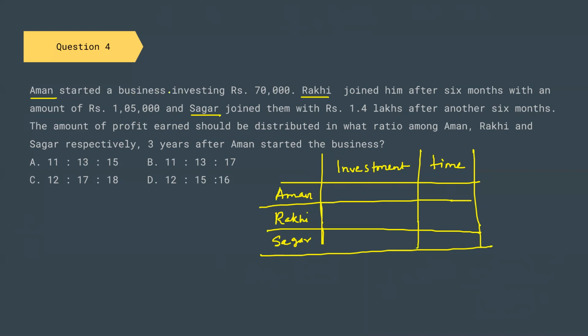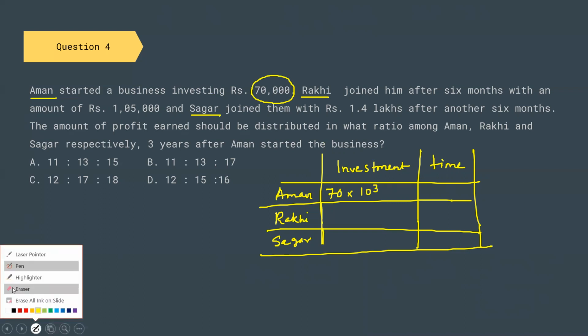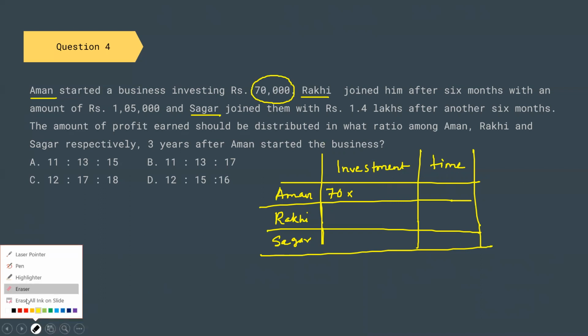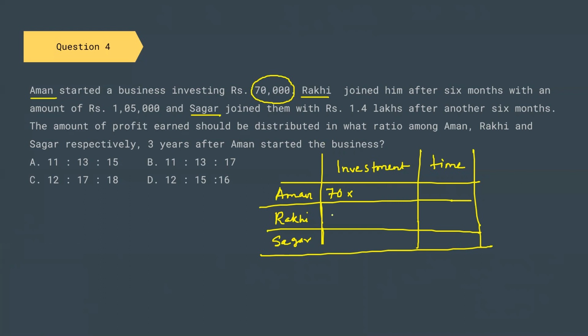Now Aman started a business investing 70,000 rupees. So the total investment of Aman is 70 into 10 to the power 3, or I can just write here as K. So this will be 70K for the ease of representation.